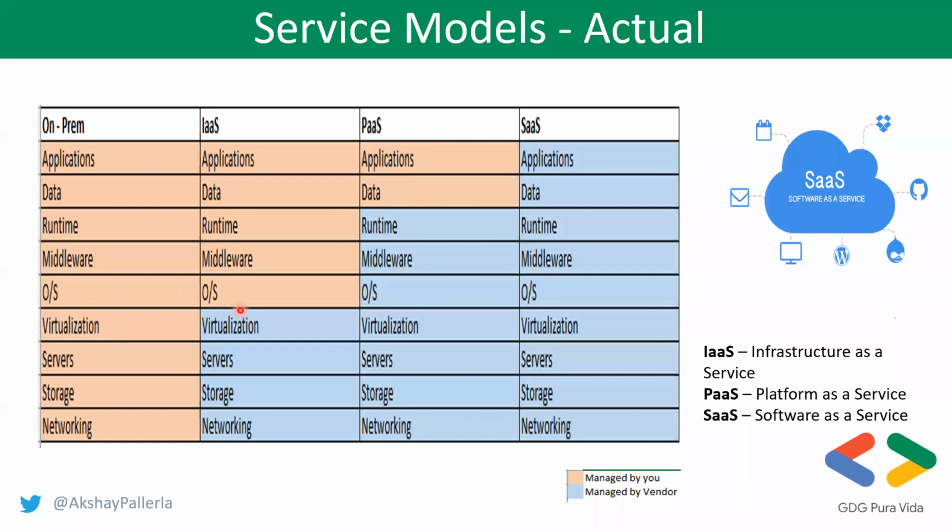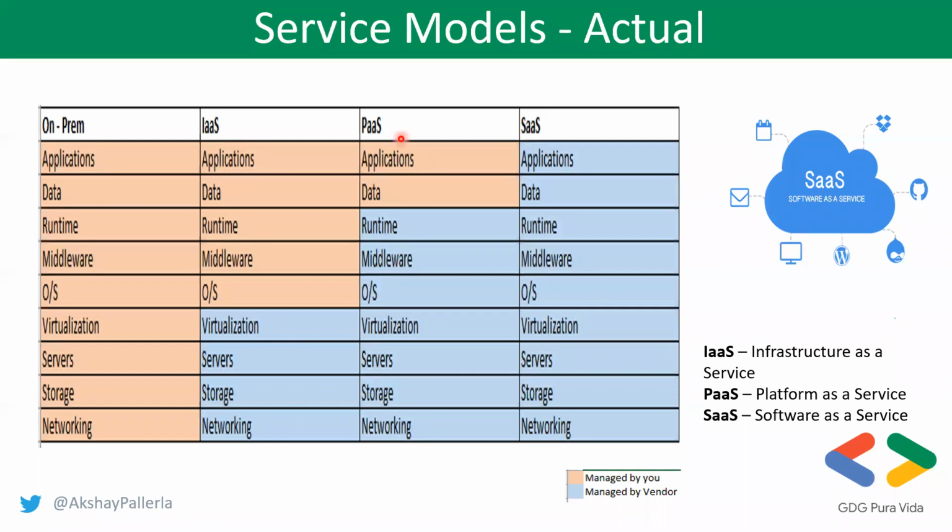But which OS to use and which applications I have to run, everything I have to manage and decide. So this particular offering, we call infrastructure as a service. They're offering all that infrastructure, or computing power, or servers as a service. That's why it's called infrastructure as a service.